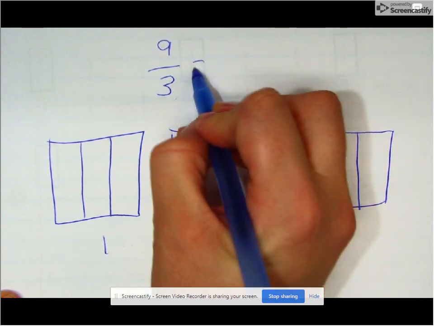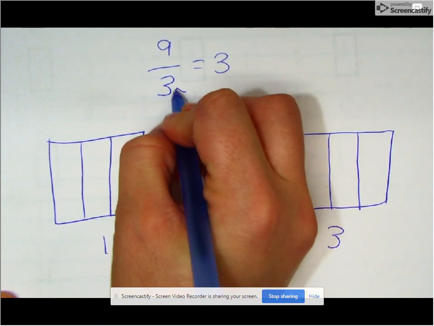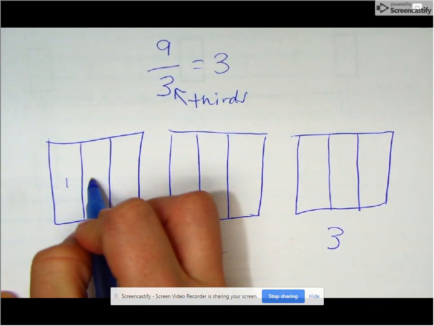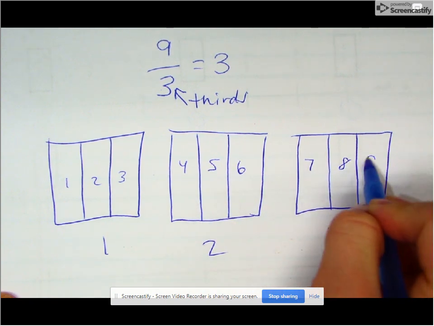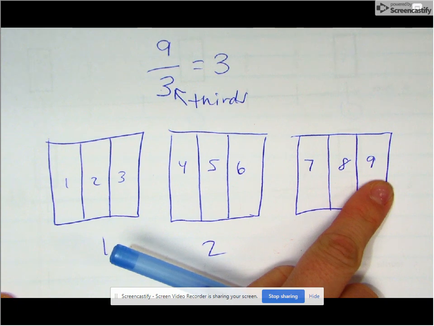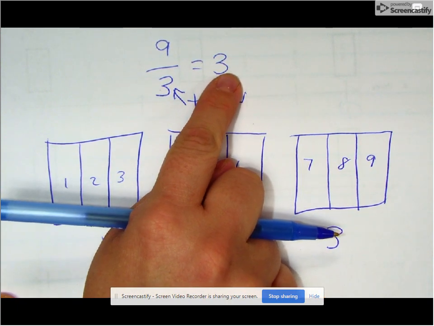Okay, so that's where my whole is. I split them into thirds. Each one is split in thirds. And if you look, I actually have now 9 pieces of brownie, even though I started out with 3 whole brownies.